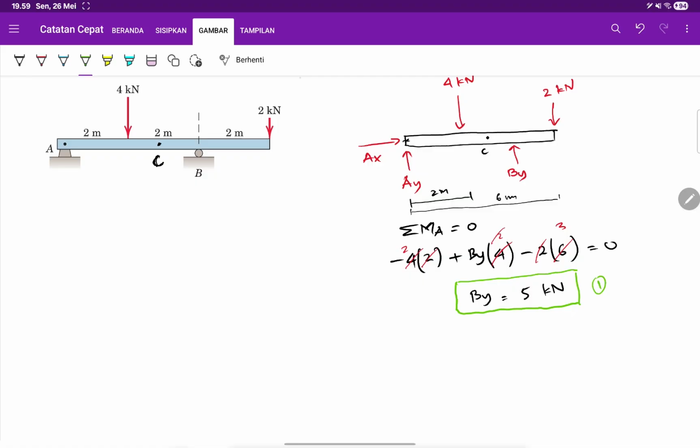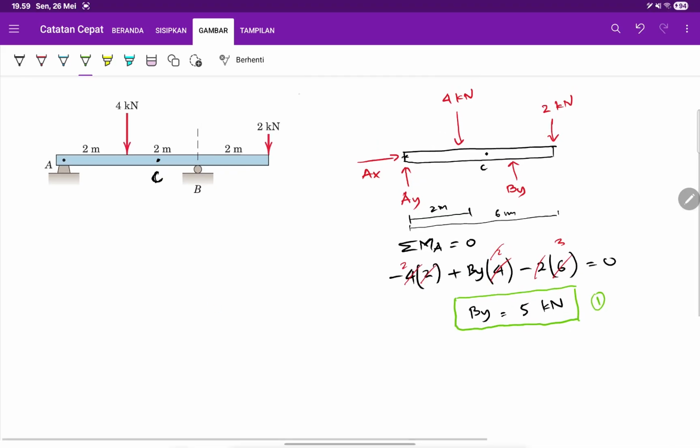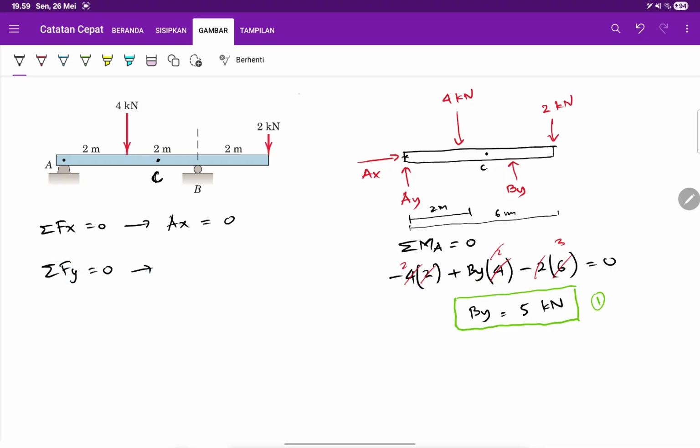And then if you apply the equilibrium equations again, for example, sigma Fx equals 0, directly from this free body diagram we know that Ax is the only force working in the x direction, so Ax is 0. And then sigma Fy equals 0, you will end up with Ay plus By minus 6 equals 0.